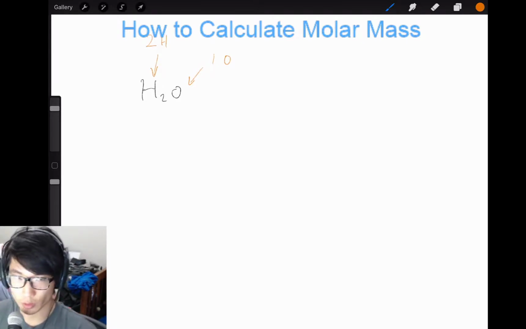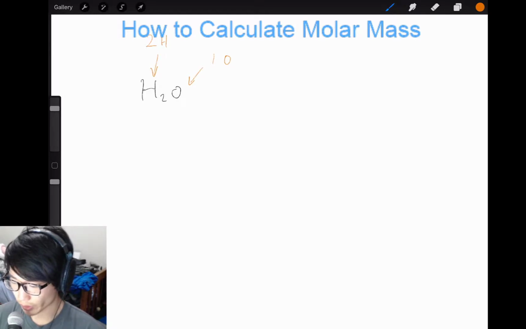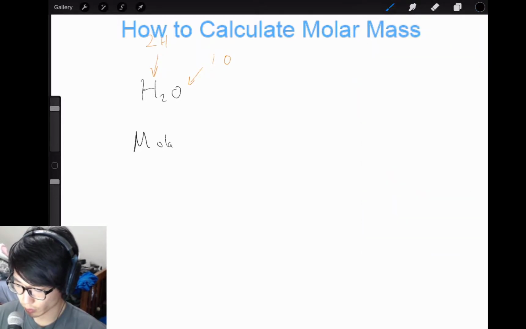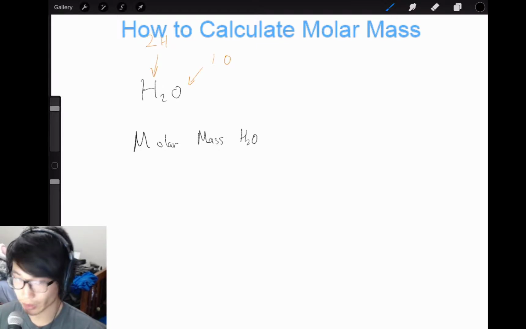So the molar mass of H2O is going to be the mass of 2 H's plus 1 O. So my molar mass of H2O is just going to equal, like I said, 2 hydrogens plus 1 oxygen.